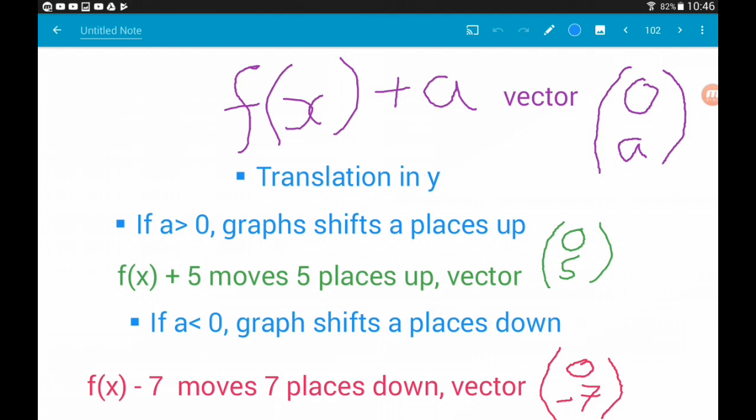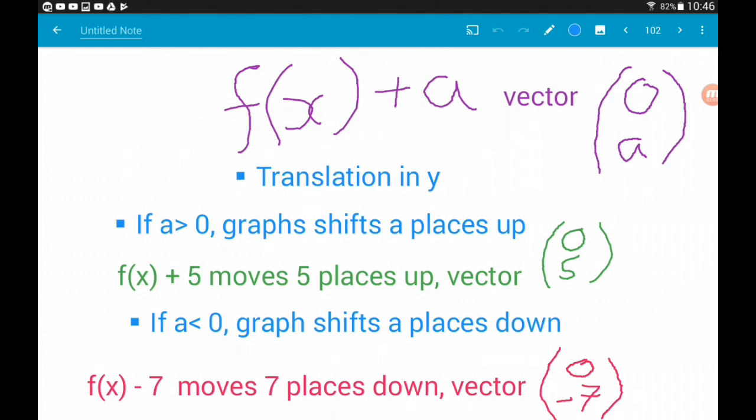For example, if we had f of x plus 5, then the graph would move 5 places directly upwards and the vector would be (0, 5). If, on the other hand, a is negative, so less than 0, the graph moves directly downwards.